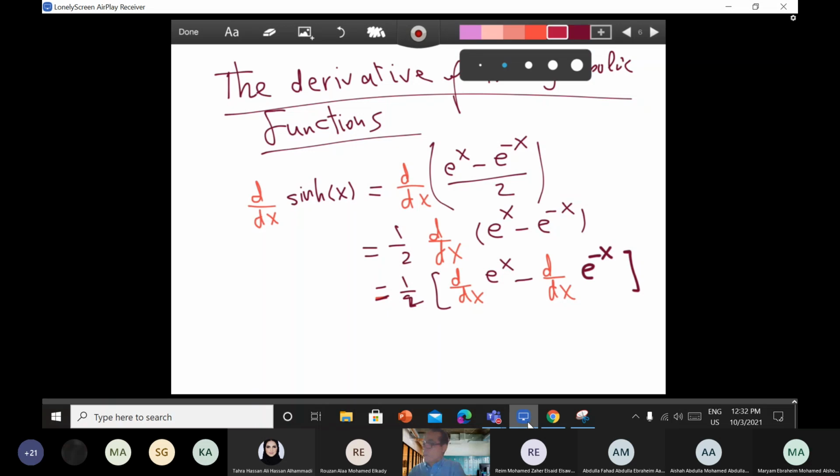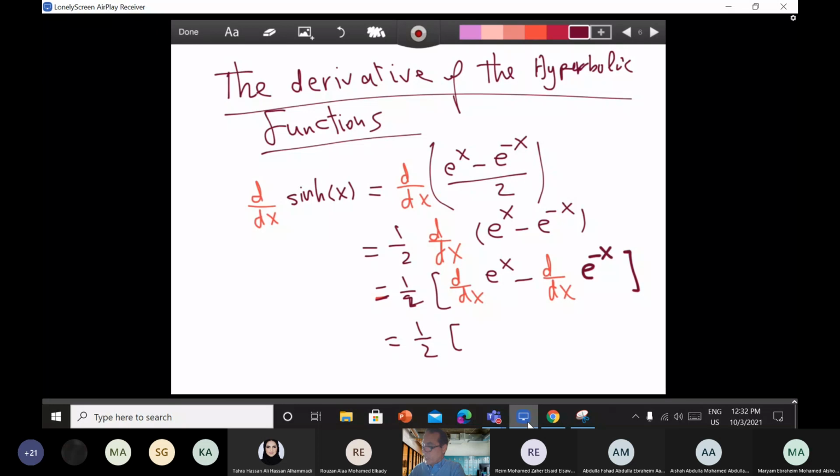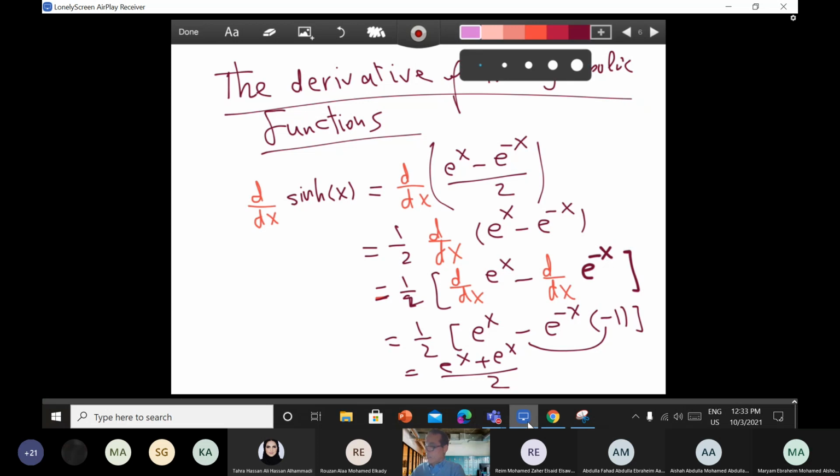Now, you know the derivative of the exponential function? Yes. E to the x, and the derivative of the power is 1, no need for it, minus e to the minus x times the derivative of the power, which is minus 1. Now, minus minus is plus, so you have e to the x plus e to the minus x over 2. What is this one? Yes, I hear you saying this is cosh x, right?